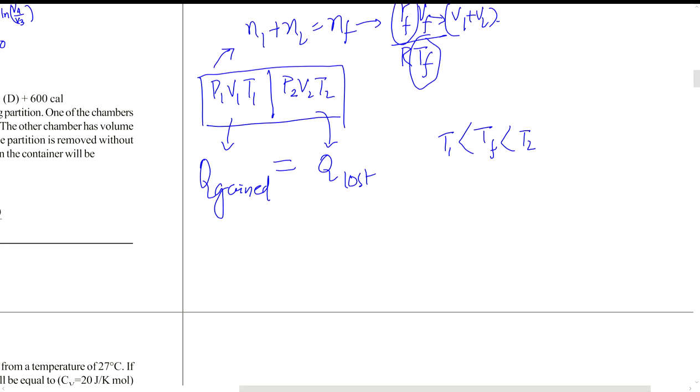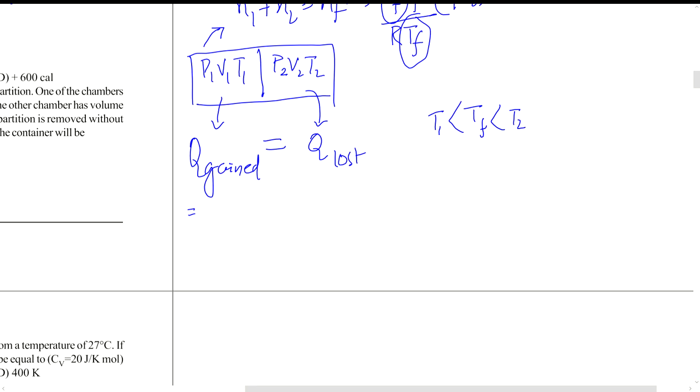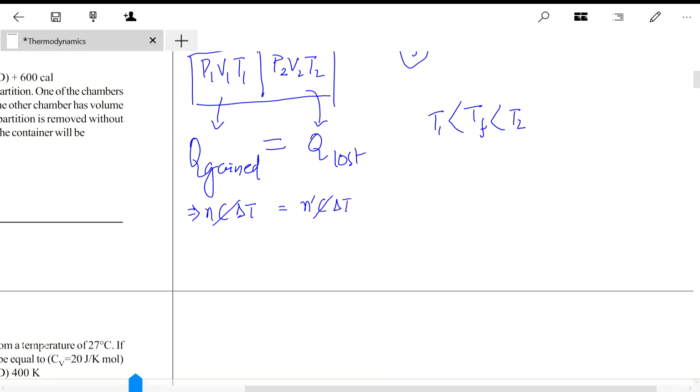So the heat gained can be written as N C delta T, and the heat lost can be written as N dashed C delta T. C will be the same as it's the same gas on both sides.